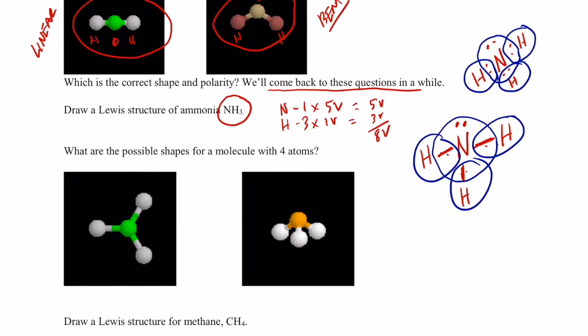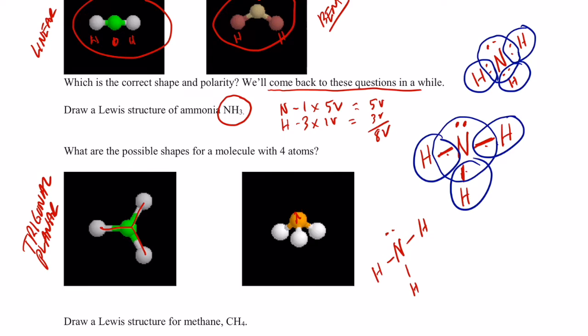Now, what shape would it have? Let's redraw it because it's getting a little bit claustrophobic up there. What shape would this guy have? Well, they could be flat and they could be placed on a plane, and we could end up with something like this with the nitrogen in the middle. We call this trigonal planar.